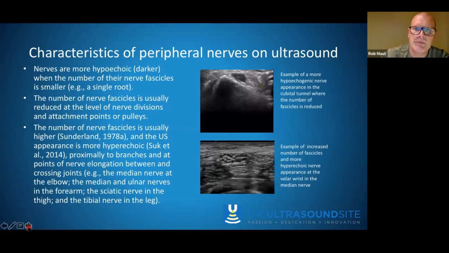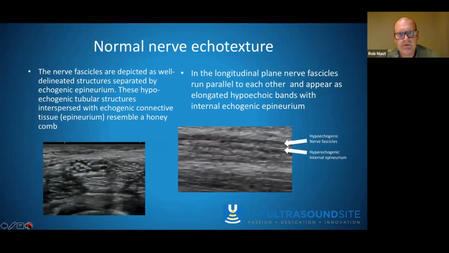I always thought it meant the nerve was particularly abnormal because it was not particularly echogenic. You'll find that in most people it is like that, and that is actually quite normal because of the nerve orientation and structure at that particular level, which is different to further distal. So yeah, next one.